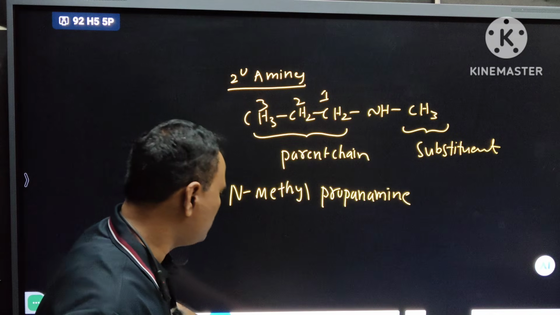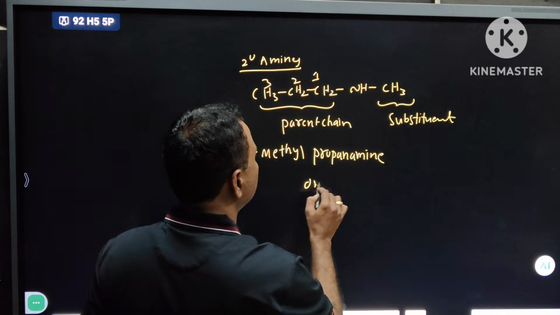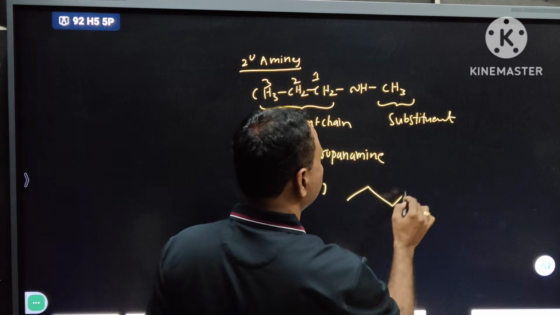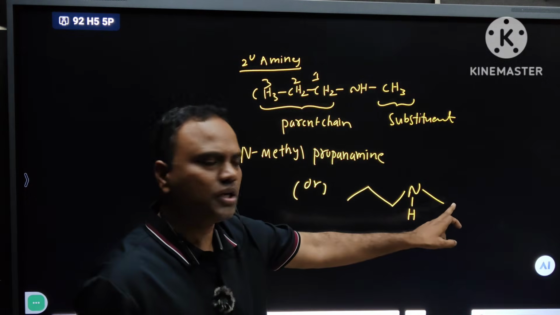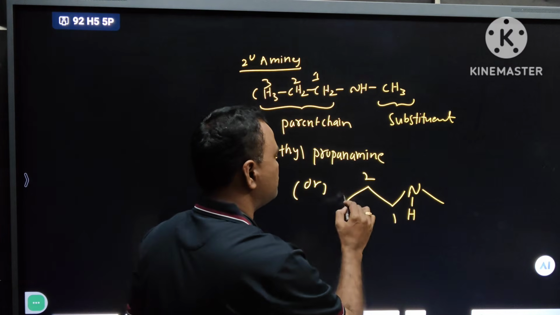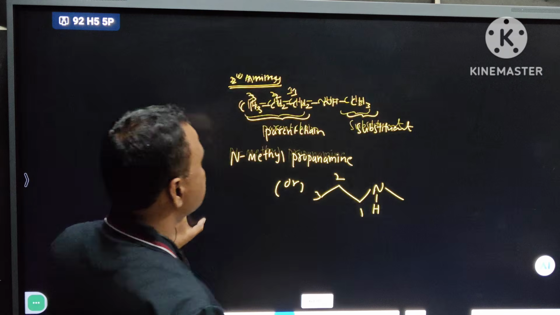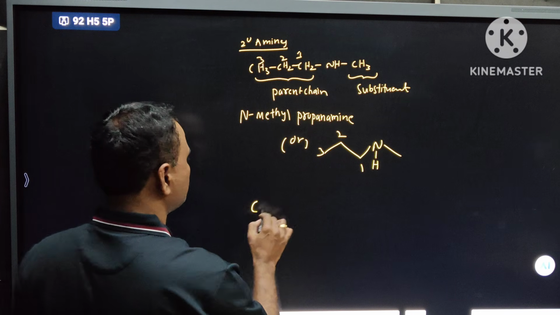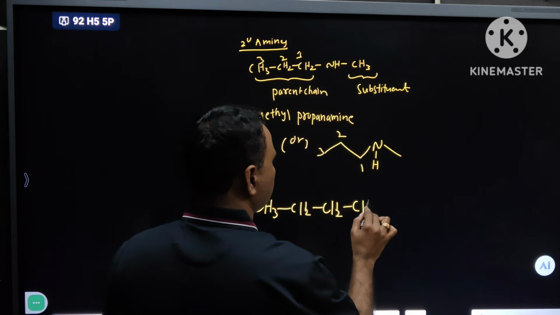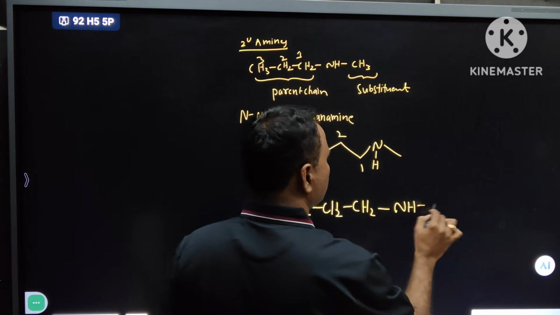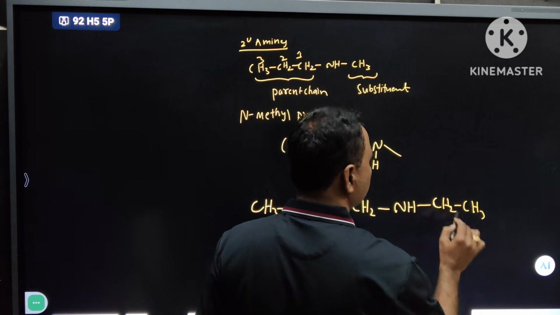Clear? Now you try this. And one more, I forgot to give the bond line structure. Both are the same: N-methyl, 1, 2, 3, propanamine. You try this. Give the name for this.